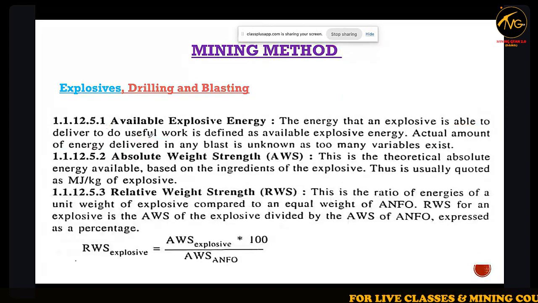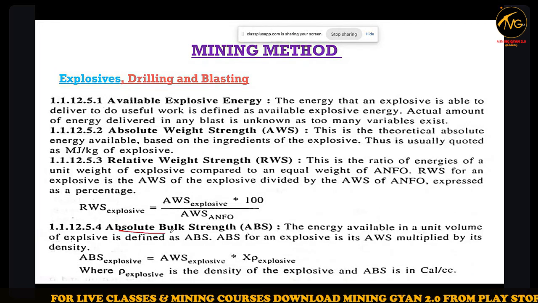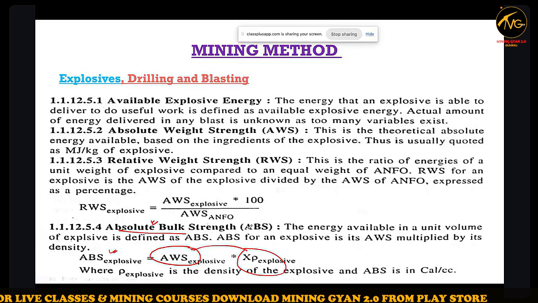Absolute weight strength, relative weight strength. देखो यार ये चीजें if they will ask in the question, I will discuss it later. I don't think they will ask on this. जैसे absolute bulk strength क्या होता है? If we will multiply AWS with its density, then we know ABS, explosive मतलब absolute bulk strength.